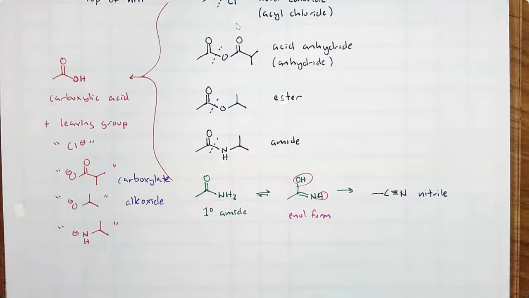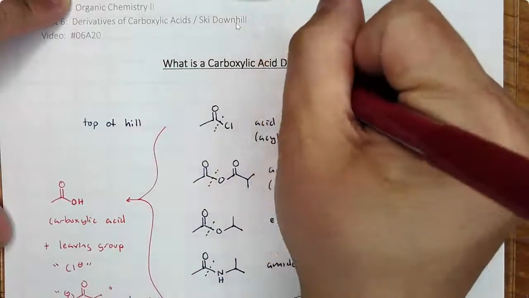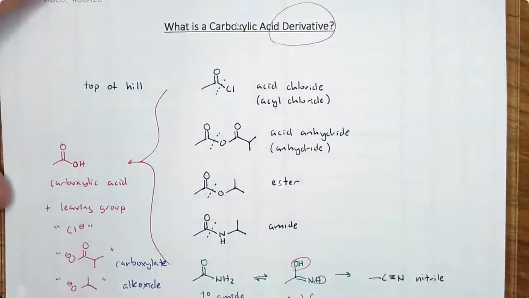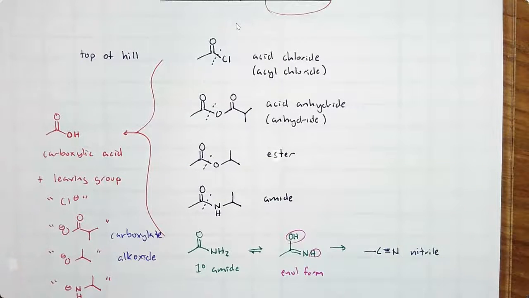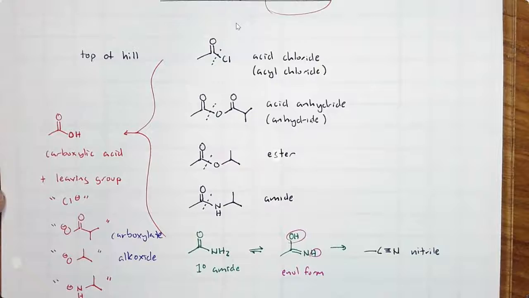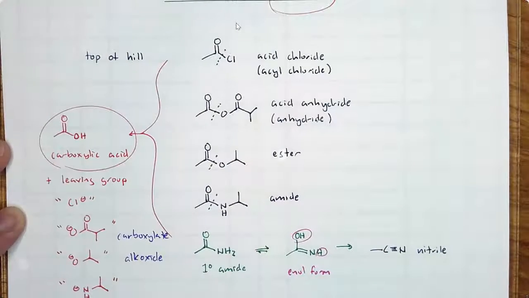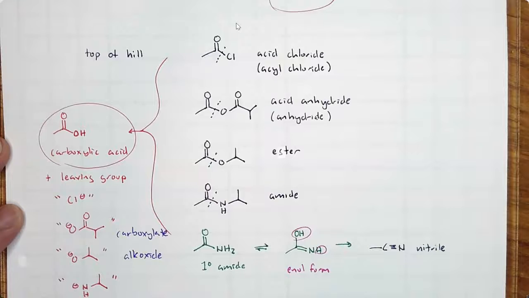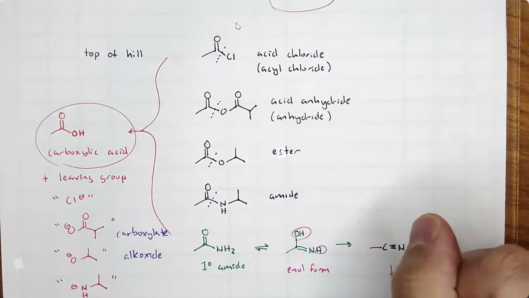So again, these are called carboxylic acid derivatives. These four. Because when you hydrolyze them, you get the carboxylic acid. Actually, even the nitrile gives the carboxylic acid.